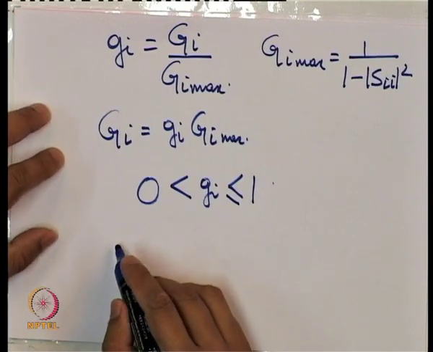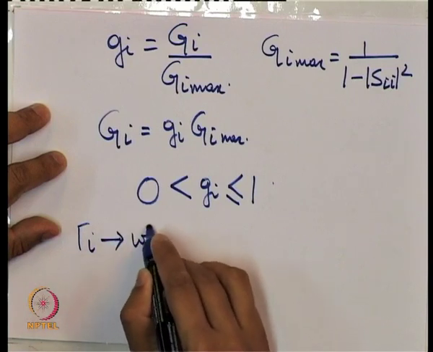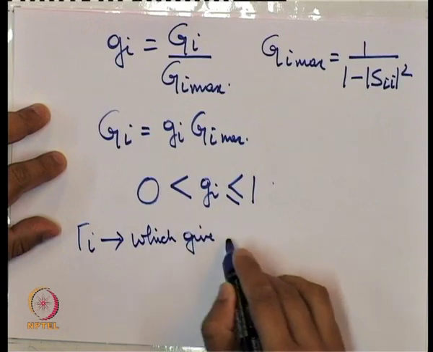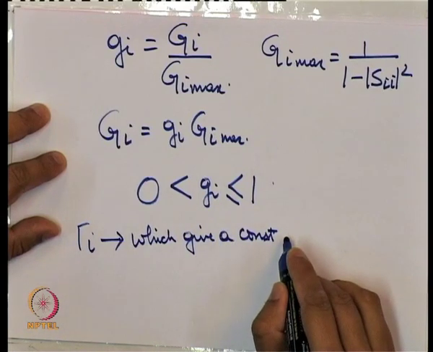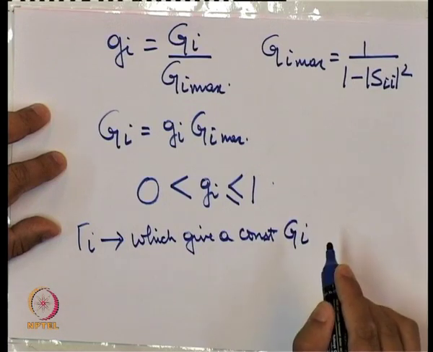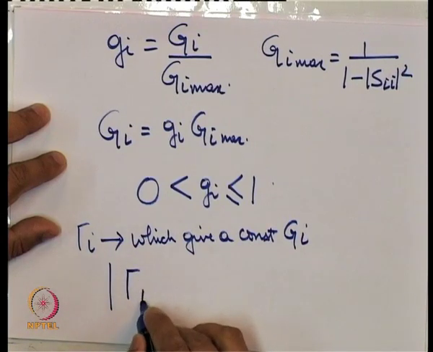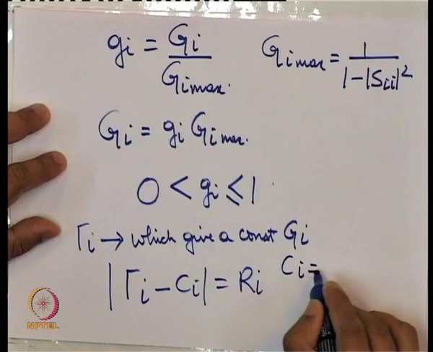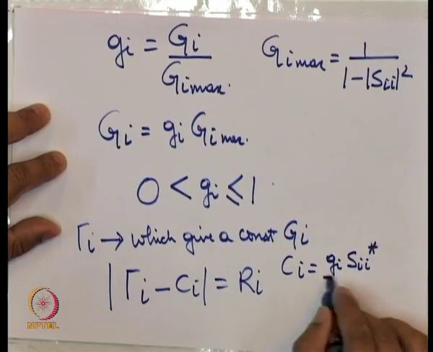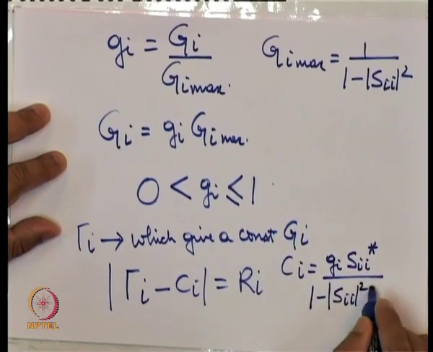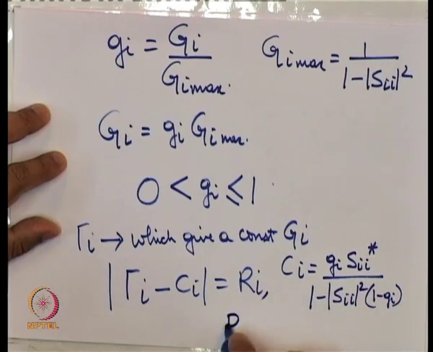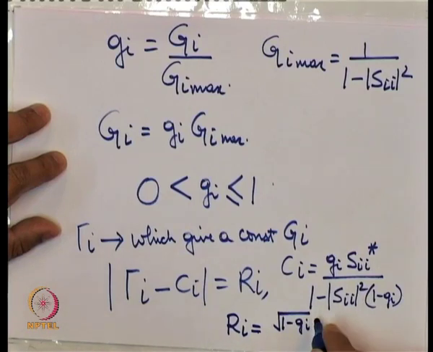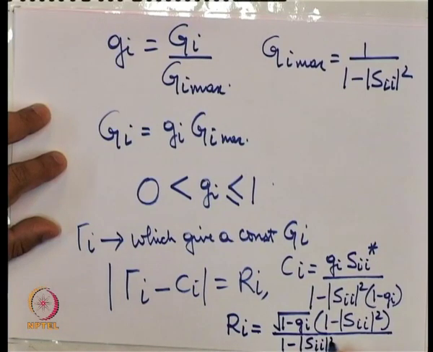Now the locus of those values of gamma I which give a constant Gi is a circle, and the equation for that locus is given by this, where Ci and Ri are given like this.